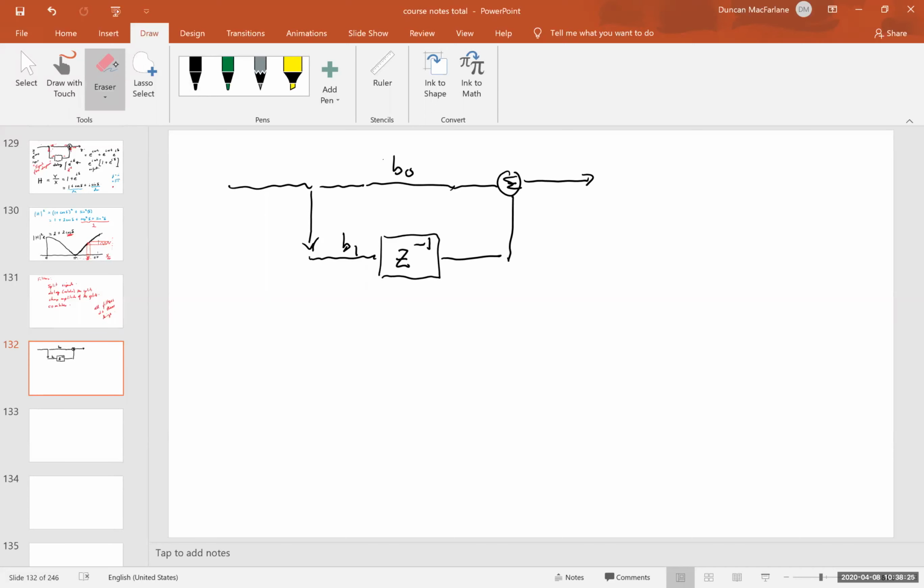Let's do something even more complicated. There's my delay using that fancy weird notation.